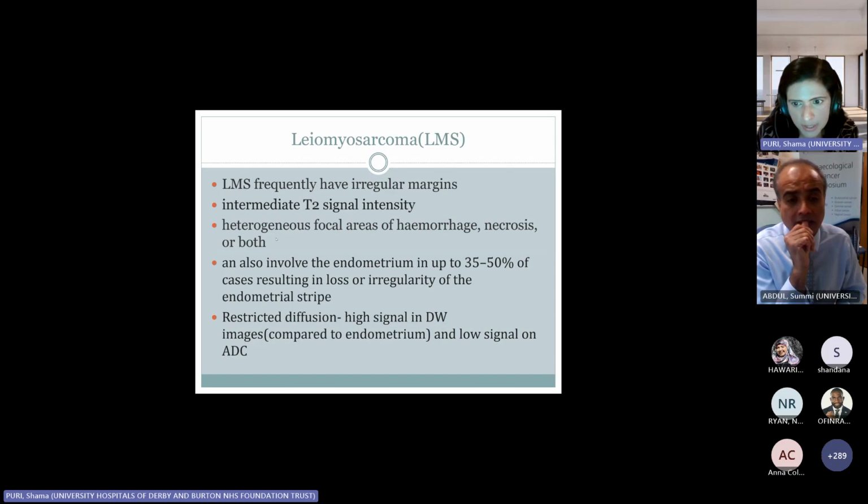They have heterogeneous areas of hemorrhage and necrosis that can be seen in fibroids as well. One thing which is different is that they can involve the endometrium, so you might get loss of homogeneity or irregularity of the endometrial stripe. If that's the case, then endometrial biopsy should be done. And they restrict, but cellular fibroids can restrict as well.